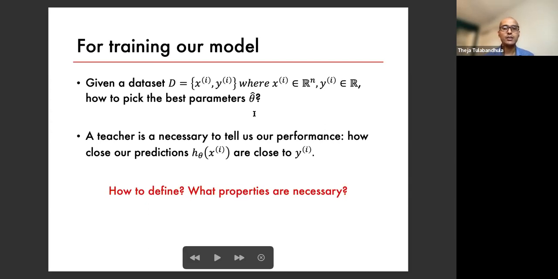I think last time we spent quite a bit of time saying that even if you have the data set and you want to estimate theta, first you need to say how you want to quantify that one theta is better than the other. For that, we defined a performance score using basically a loss function.